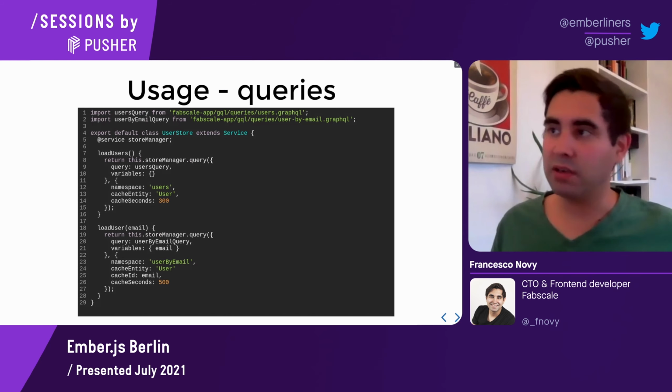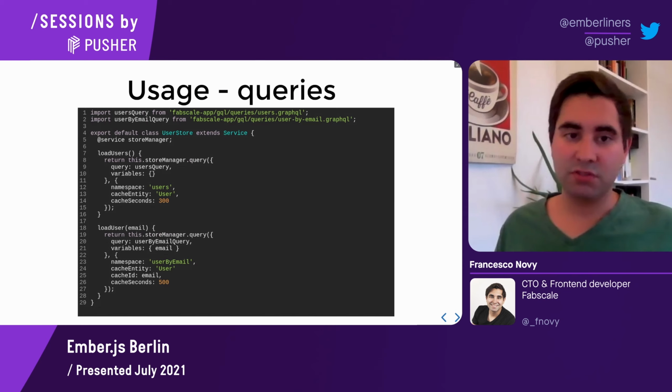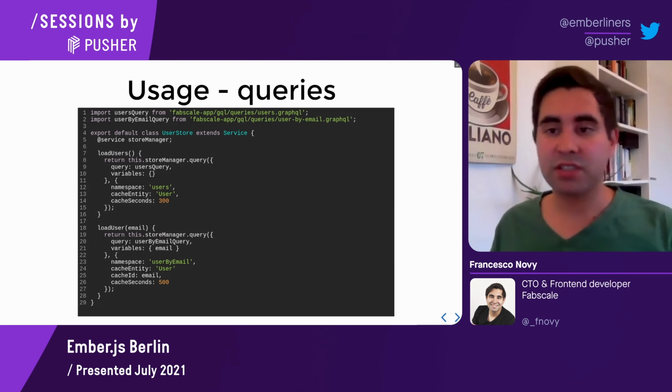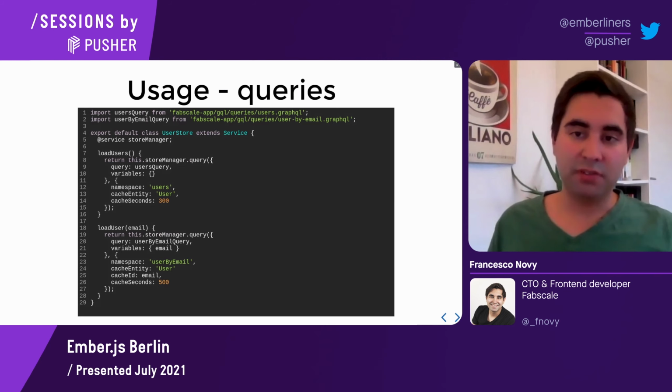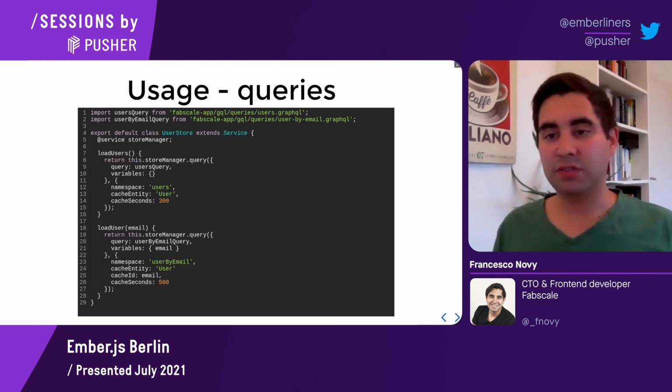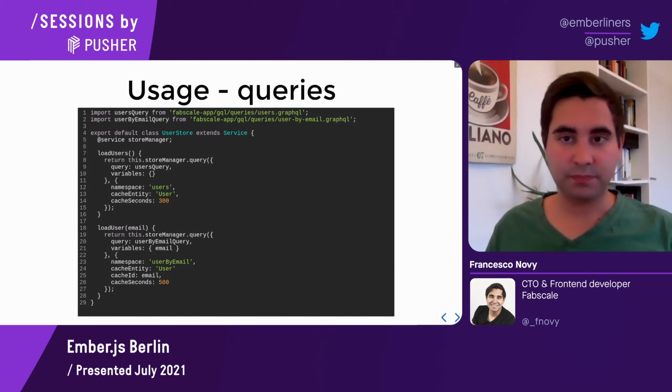This means, for example, we say load users after 300 seconds. If this query is made again, we always want to hit the network, no matter what happened before. And this basically helps us to avoid stale data. Something like this might not be relevant for every use case, but for us, it works quite well.